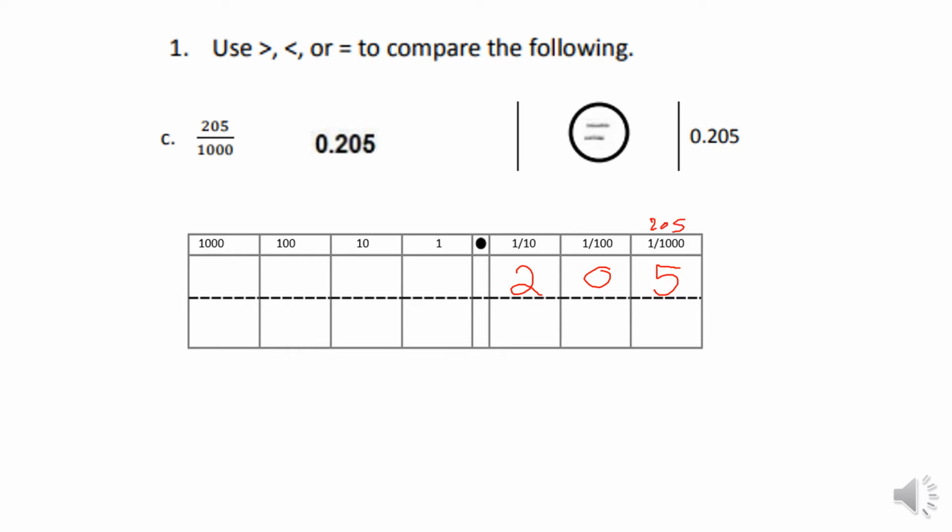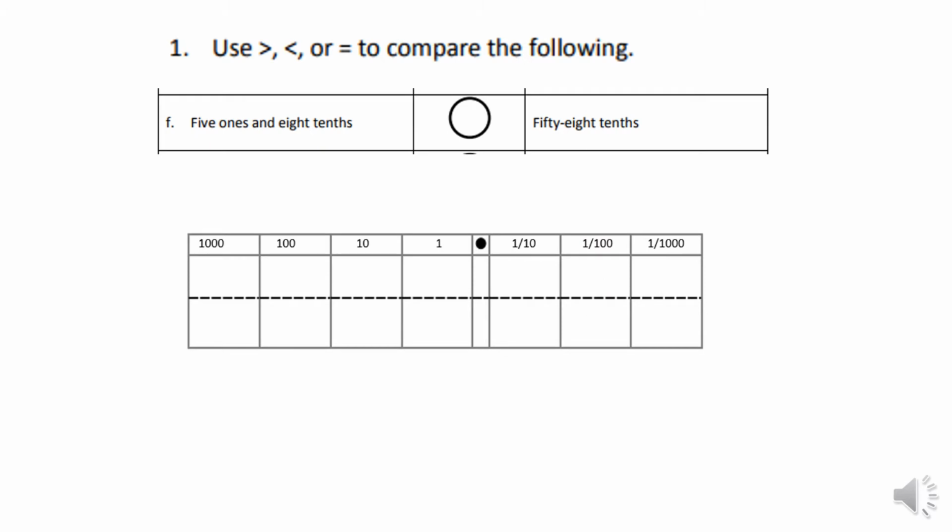We're only going to have one digit. So the 0 had to go to the next one, and the 2 had to go to the tenths position. Now we're comparing it to this number, which we can see that when we write it in, they are exactly the same. So they were equal.